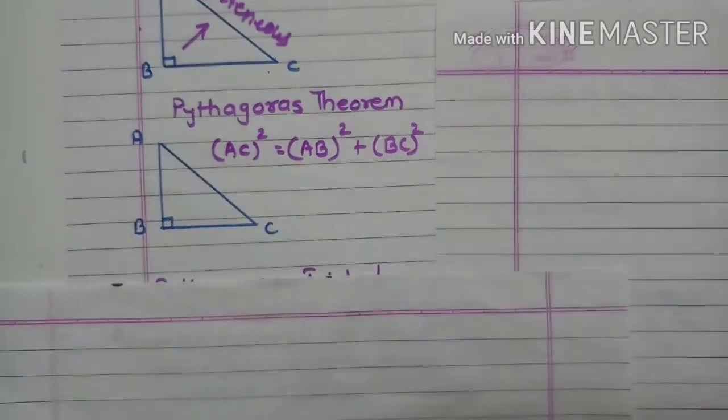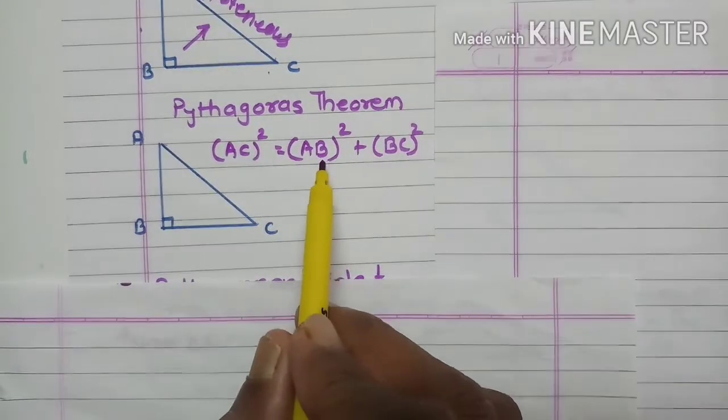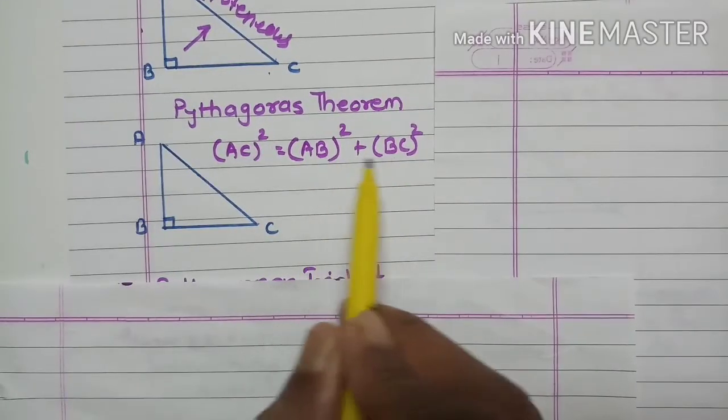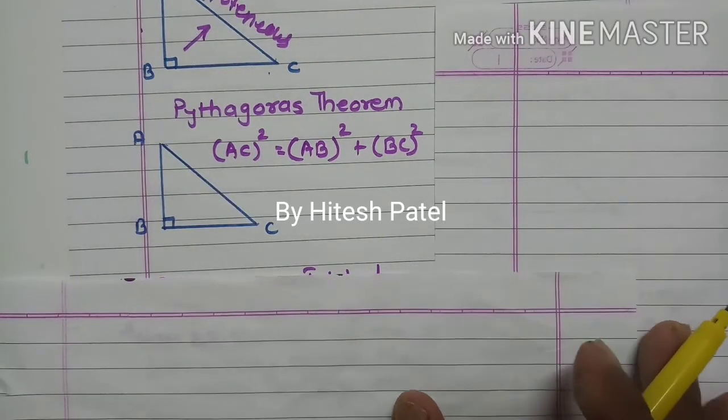This is called the Pythagoras theorem: hypotenuse square is equal to the sum of the squares of the remaining two sides.